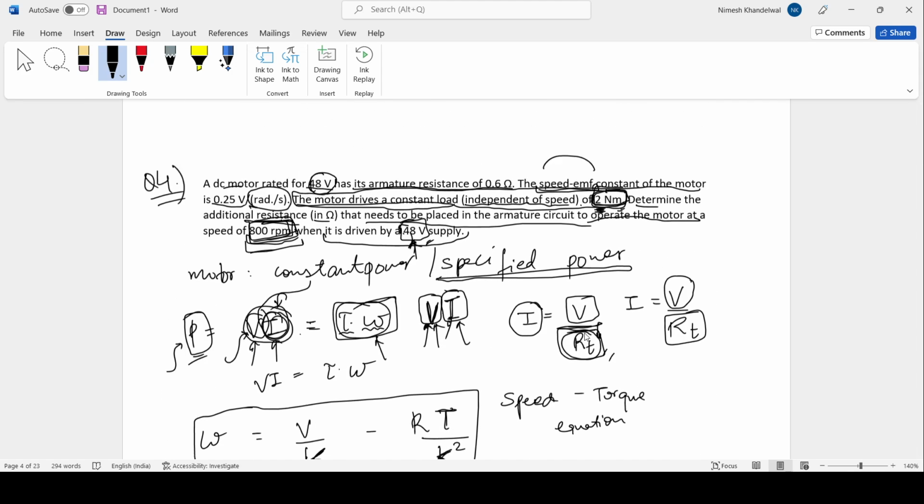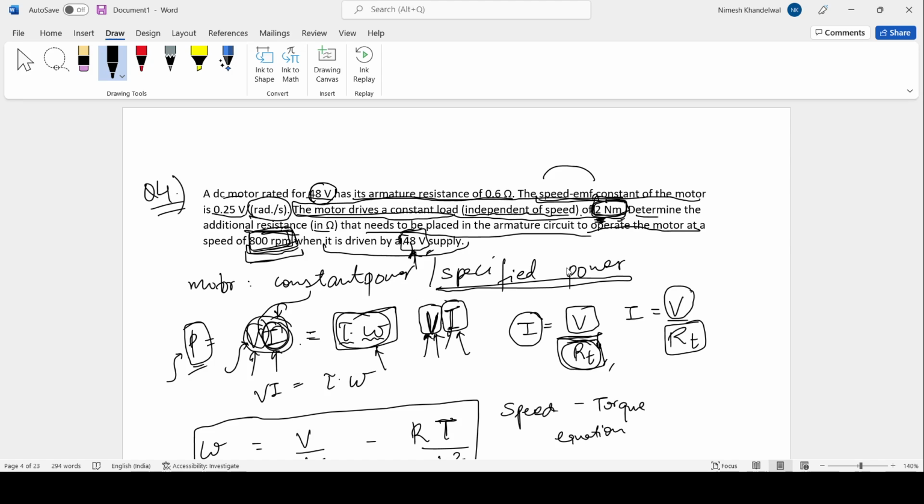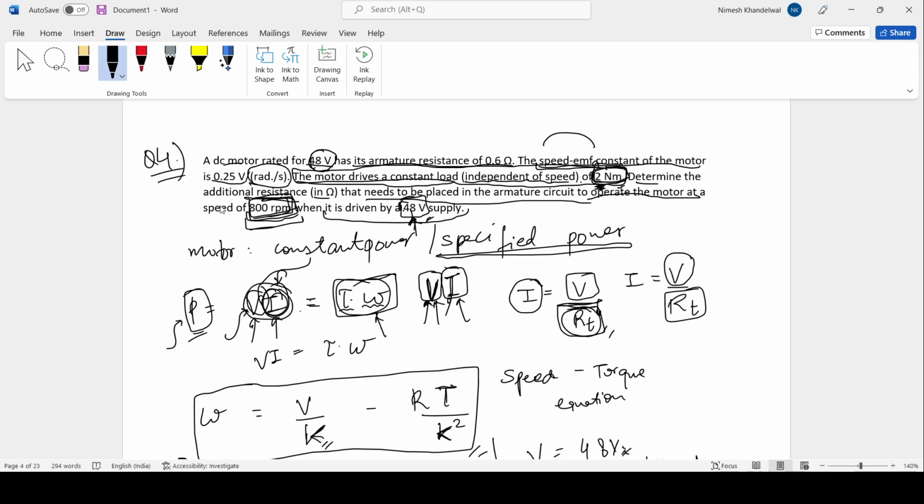So I think that these four questions would give you a good view of all the concepts related to a DC motor, related to the torque generation, related to power output of a DC motor, right?